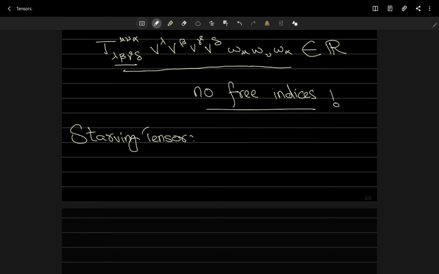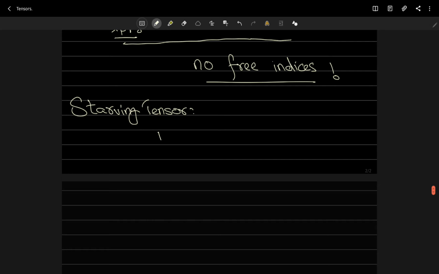A starving tensor is something that you can write as T^{μν}_{αλβγδ}, with the vectors v^λ, v^β, v^γ, and then w_μ and w_ν. I'm sorry, I'm writing this completely wrong, forgive me.